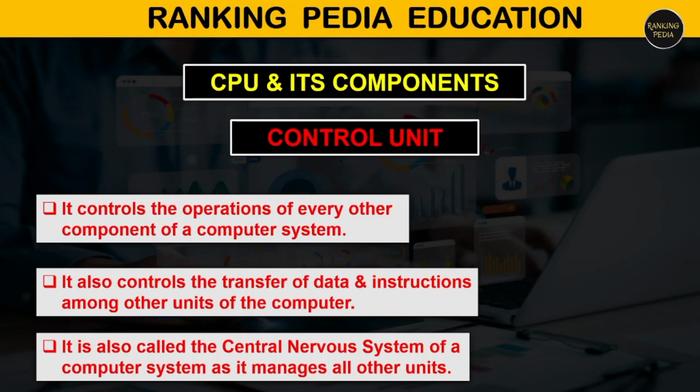In order to execute instructions, the components of the computer receive signals from the control unit. It extracts instructions from memory, decodes them, and sends the necessary signals to the ALU in order to perform the required operation. That's why it is called the central nervous system, as it manages all other units of the CPU.